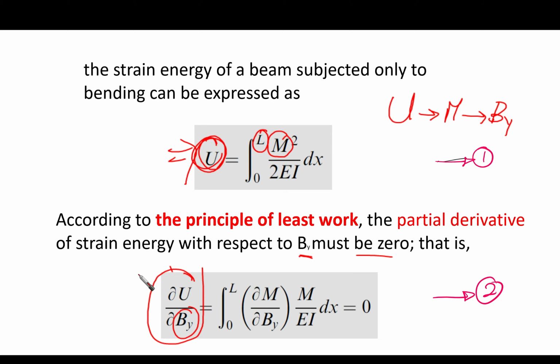Okay? Then we put it like this. We have partial M partial By inside it. So if we take the derivative, it is going to be 2M times 1 over 2EI times partial M partial By, right?